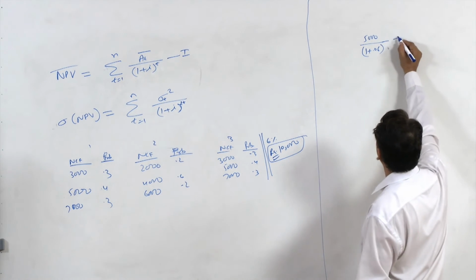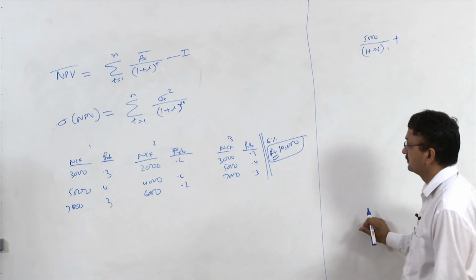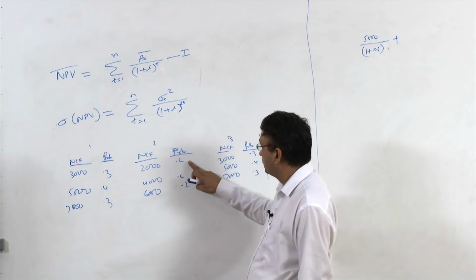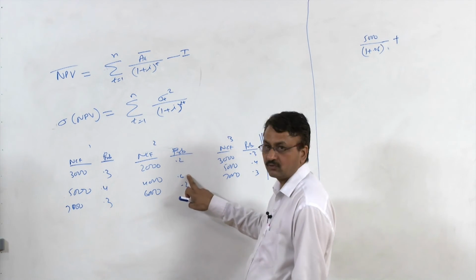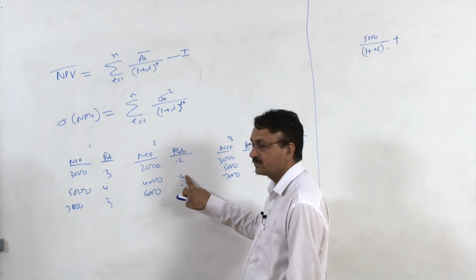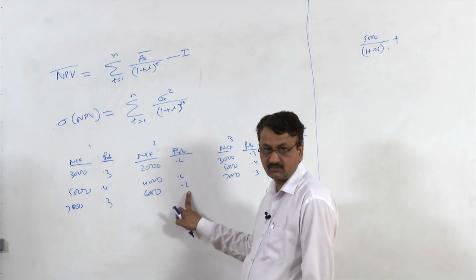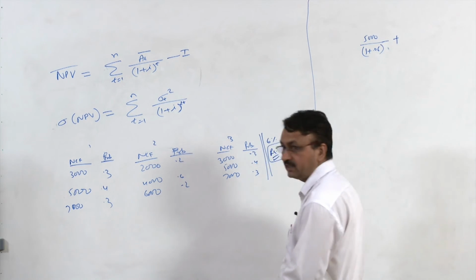Second, expected cash flow: 400, 2400. So, this becomes 2800 plus 1200. What would that value be?